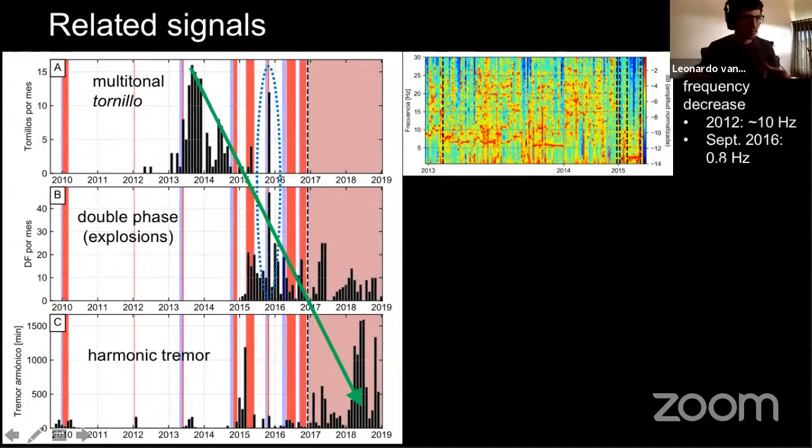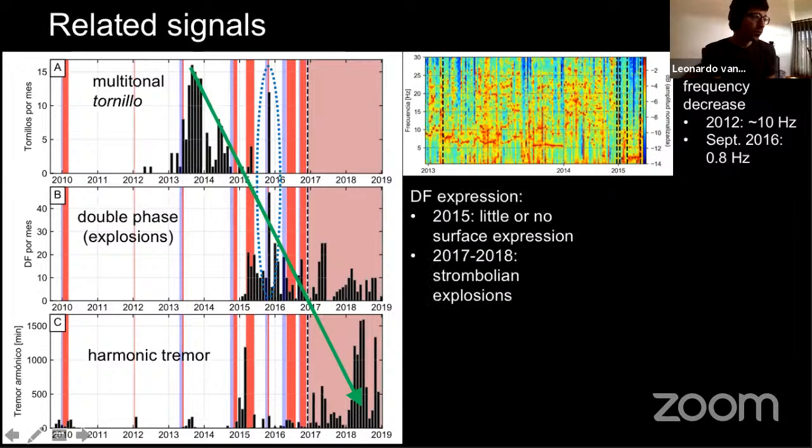So the spaces, the conduits, became bigger. So the double phase explosion changed. I already mentioned this, the expression at the surface. In 2015, the expression was little or not so evident, but in 2017, the expression of these explosions was more important at the surface.